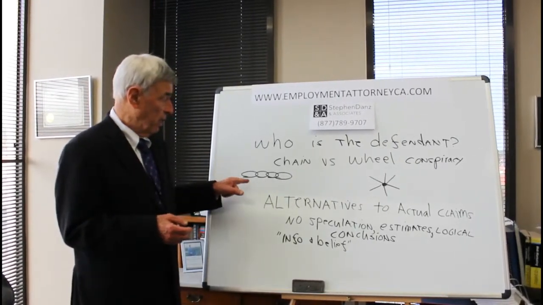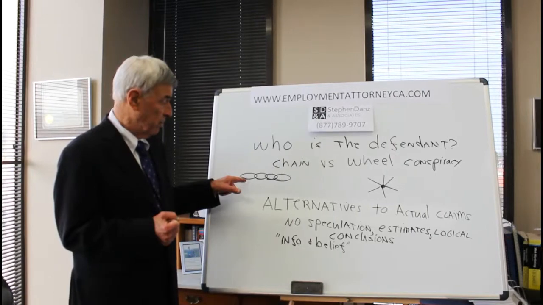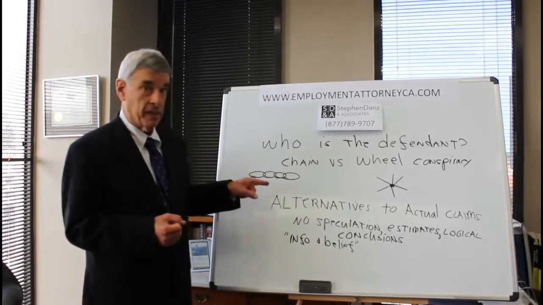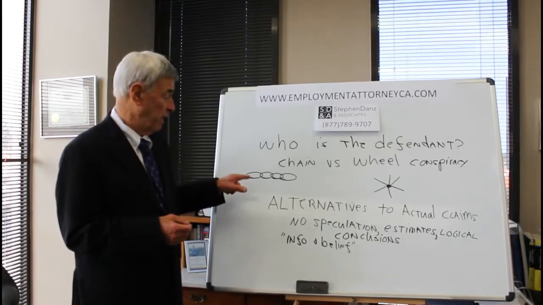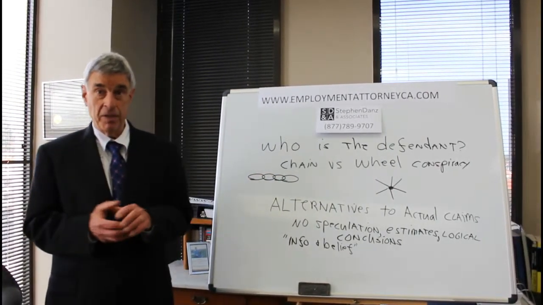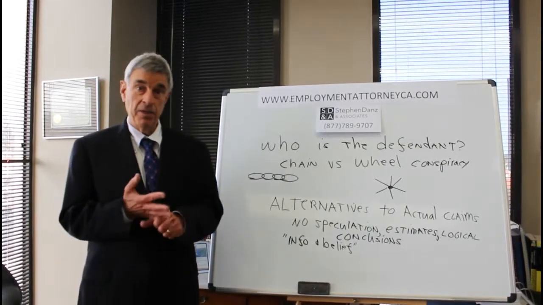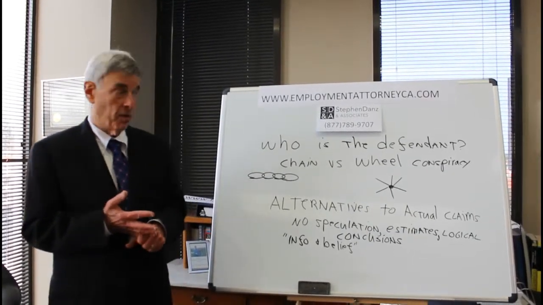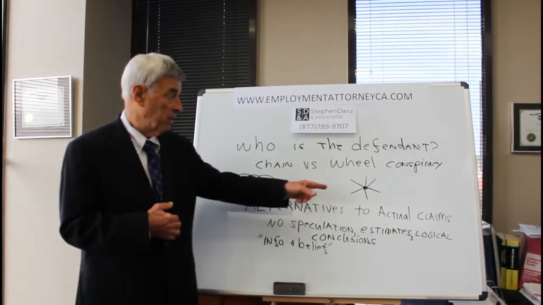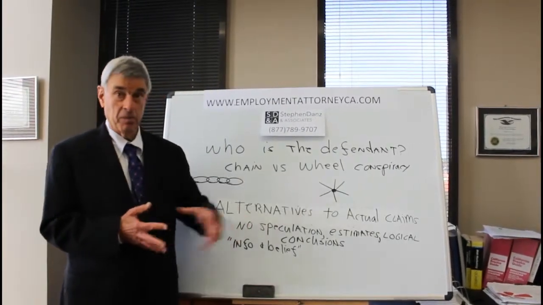And so under the daisy chain or the chain technique, it's important that the Qui Tam relator identify the name of each defendant in the chain, because without their particular participation, the chain would be broken. So here we would want to name an individual defendant. However, let's look at the hub and wheel conspiracy.